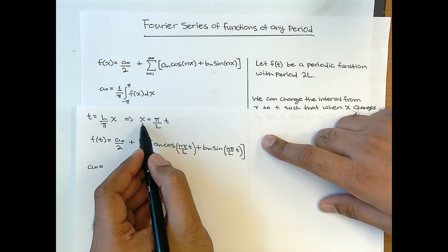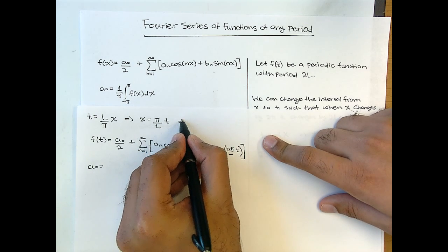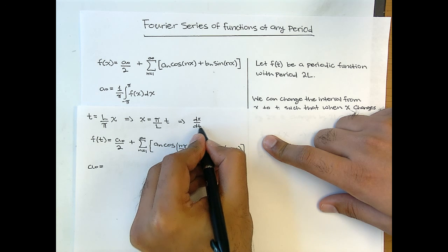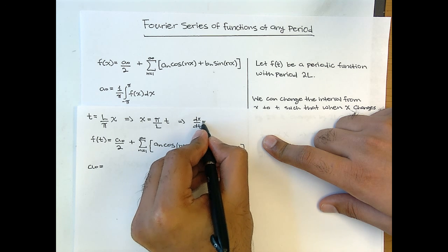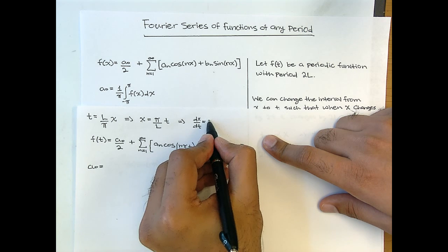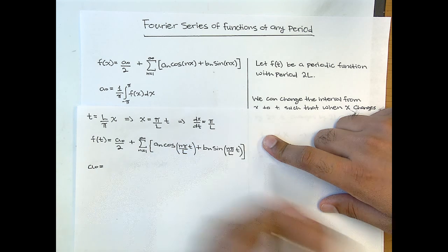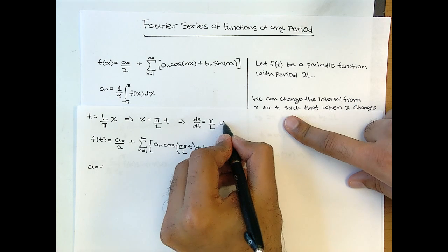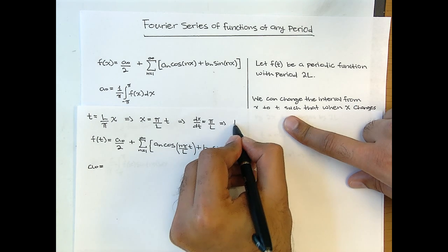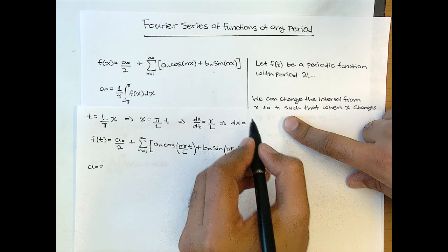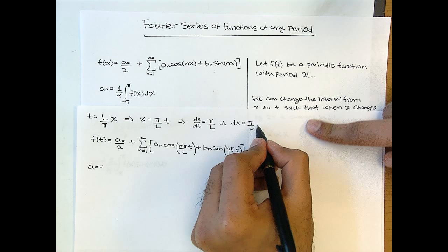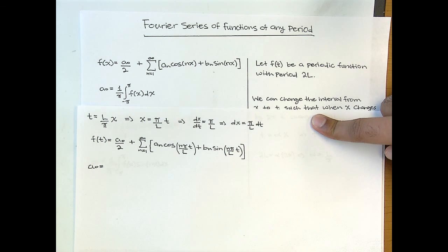From here, we can show that dx over dt is just pi over L, and from here, dx is just equal to pi over L dt. Okay, so that is what dx is.